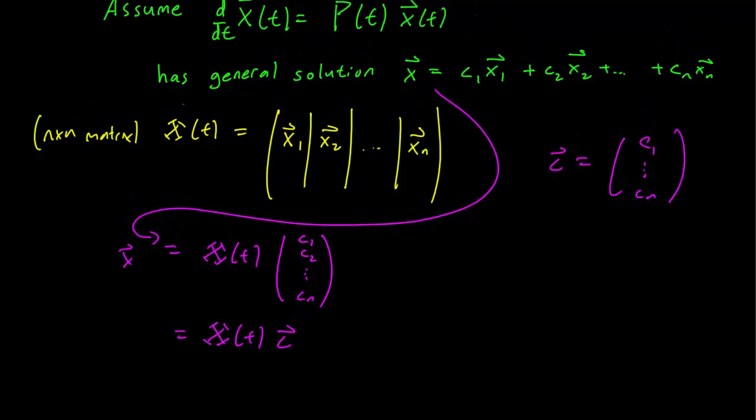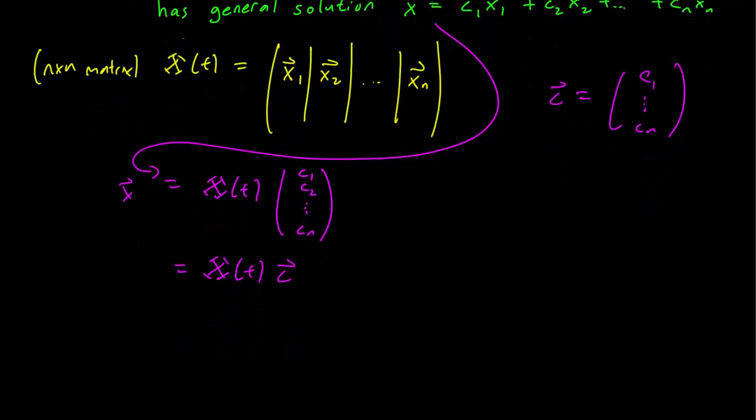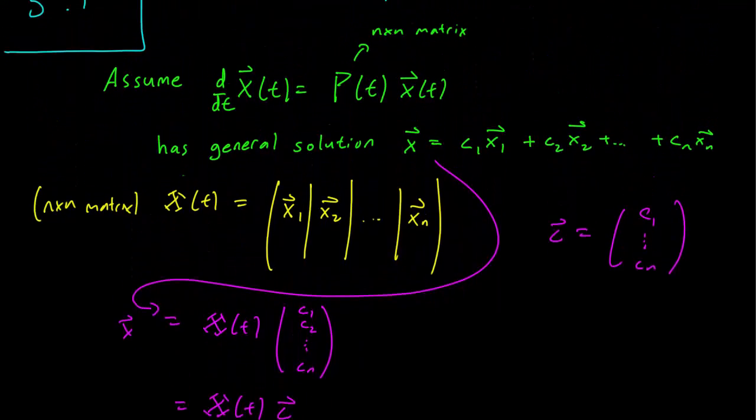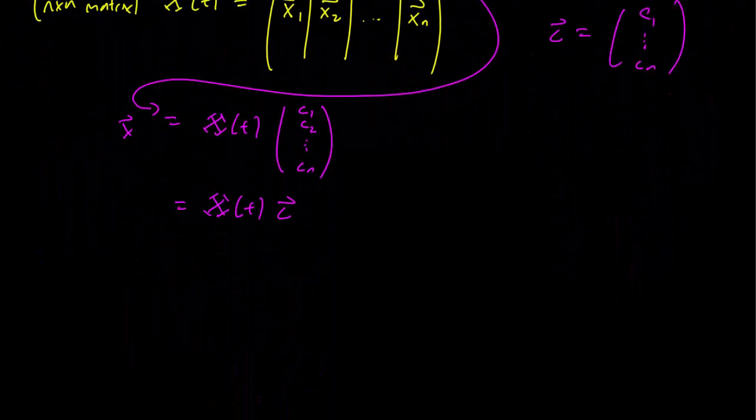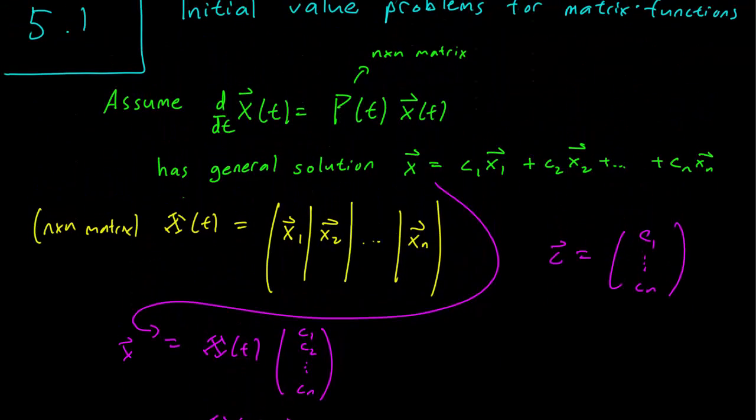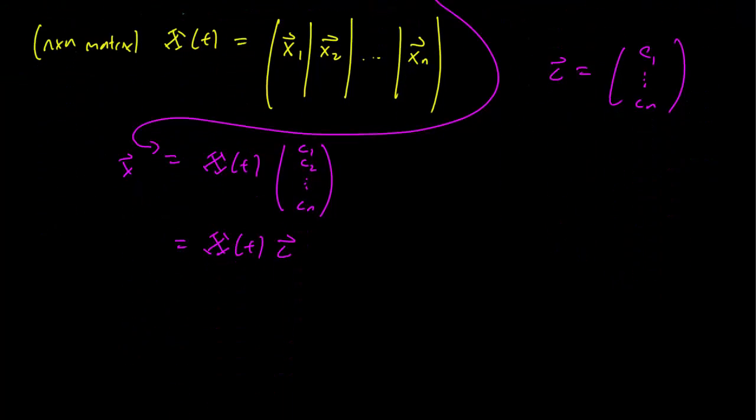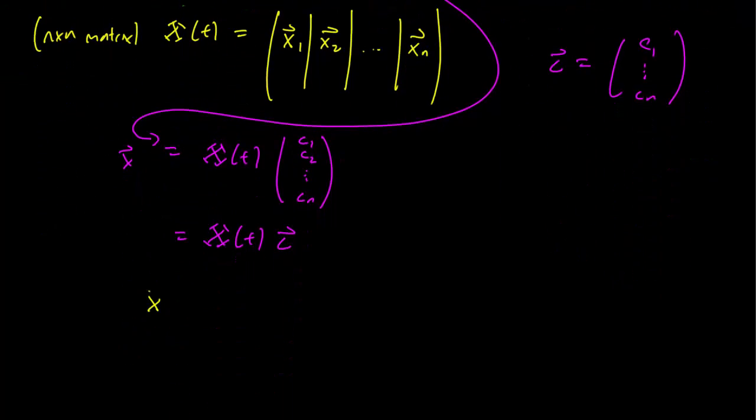So let's now think about initial conditions and what initial conditions will look like. They are typically going to look like this. In the equation we started with, we have to solve for a vector x arrow. So x arrow is going to have an initial condition of the form b1 to bn.